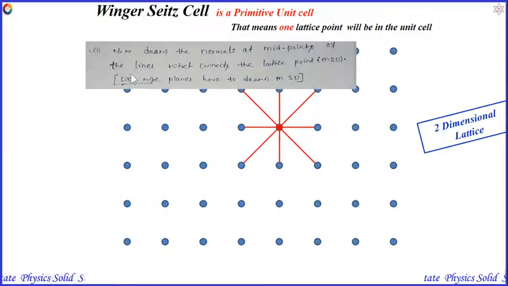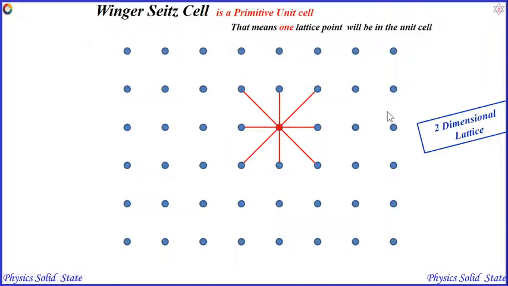Then according to step 2, now draw the normals at the midpoints of the lines. So these are the lines that we have drawn. Then we have to draw the normals on each and every line at the middle of these lines. How will it be? See, this is a line and this is also a line that we joined from this point to the nearby lattice point.